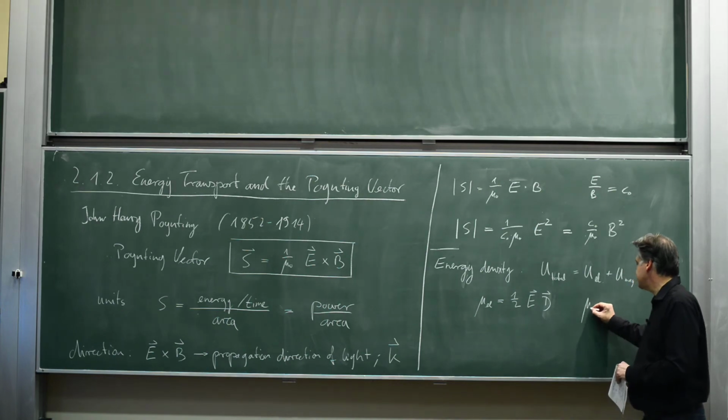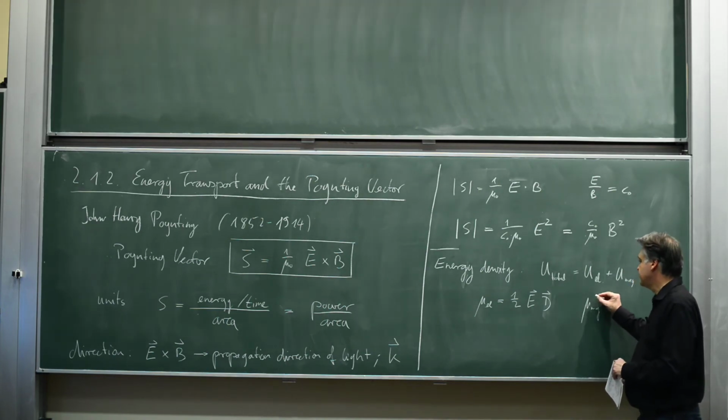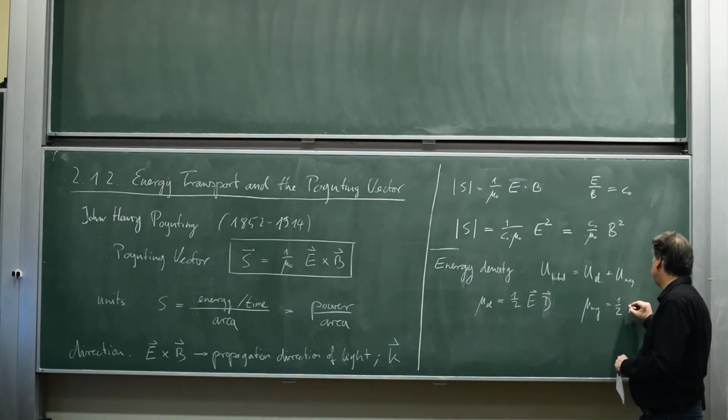And the magnetic would be 1/2 B times H.